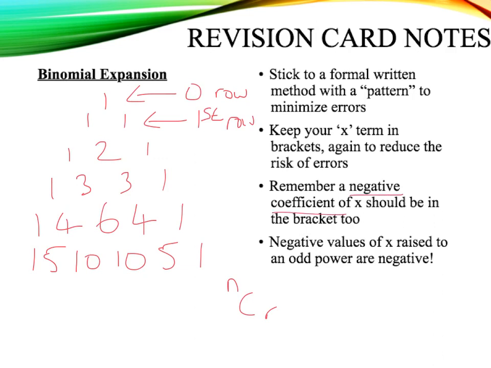If you've got numbers there as well, remember to put those in. And when you've got something in a bracket, you might have something like minus 3x all squared. Remember that it's not just minus 3x squared. You've got to square this part too. So this would become 9x squared. These are common mistakes too.